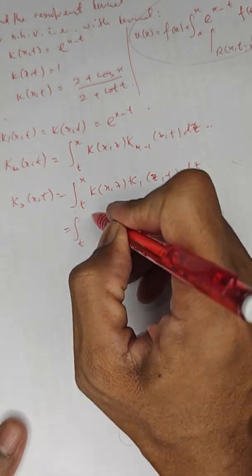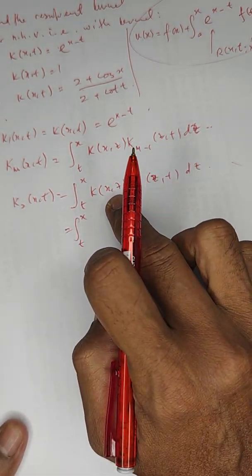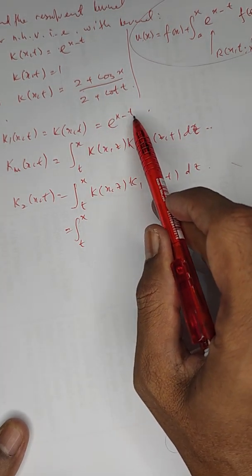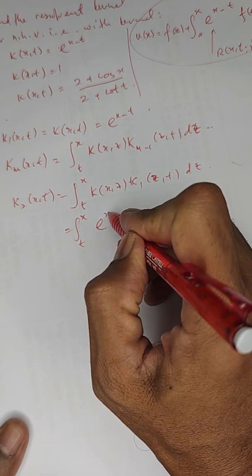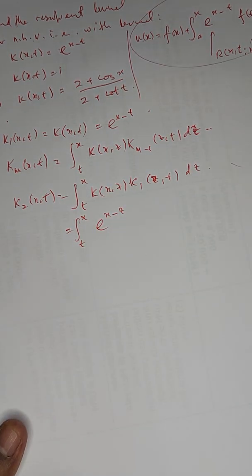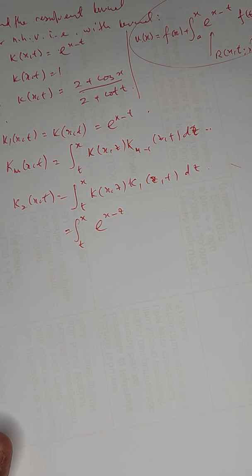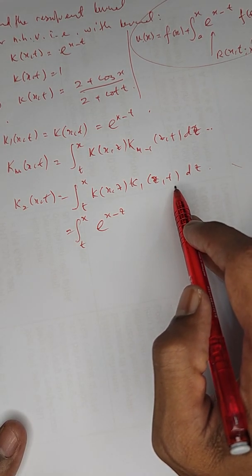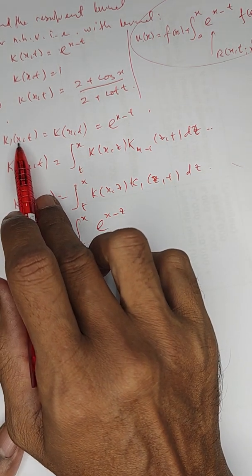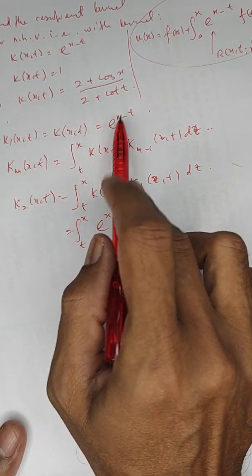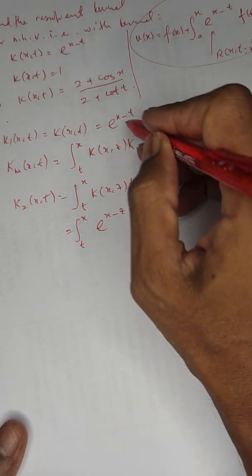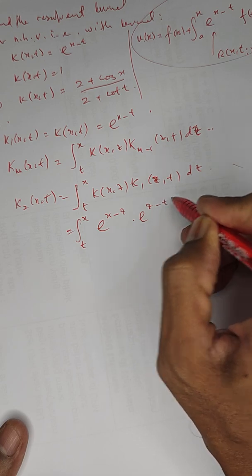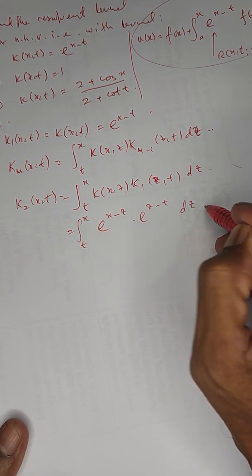This is the integral from t to x, k(x,z) is e^(x-z), and for K1(z,t), x is replaced with z, so e^(z-t) dz.